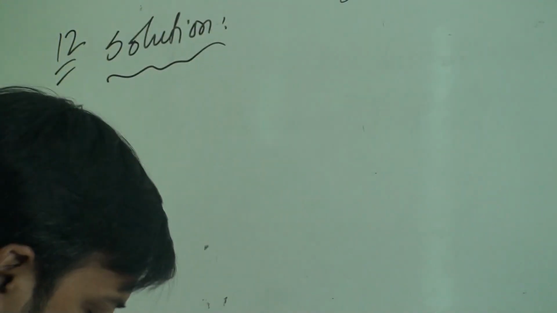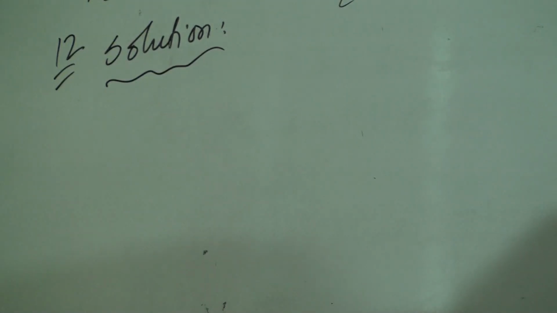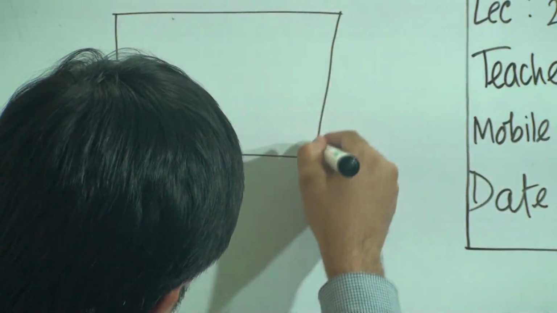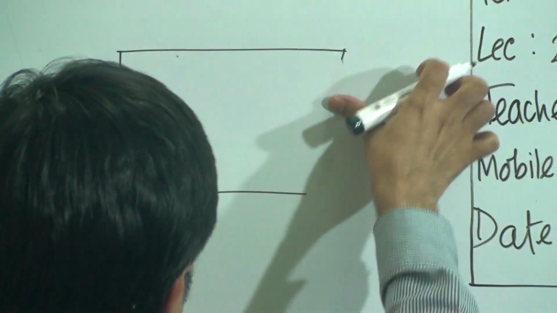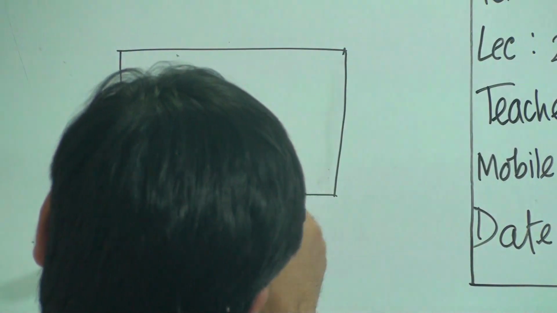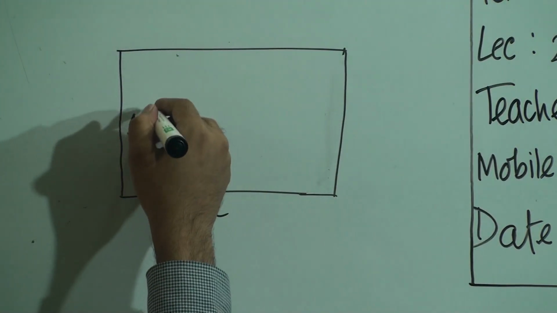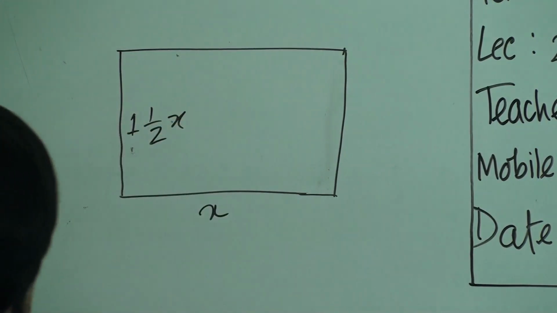So consider this is the rectangle. Suppose here is a rectangle whose length is 1.5 times the breadth. If its breadth is x, then what will be the length? 1.5 times means 1 1/2 into x.